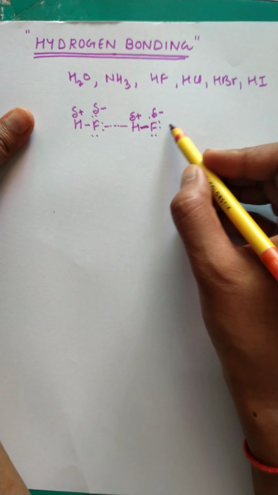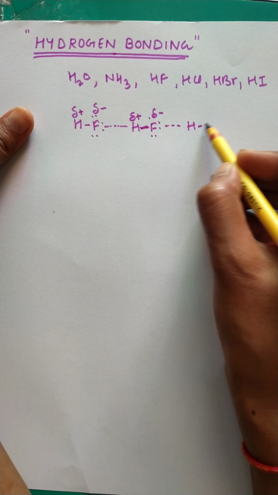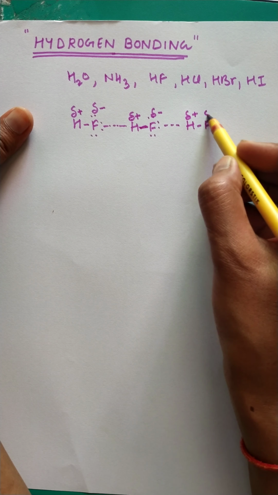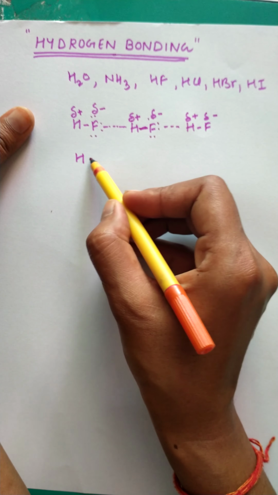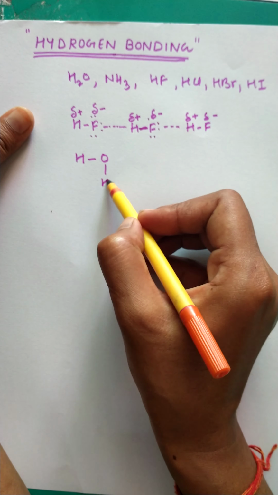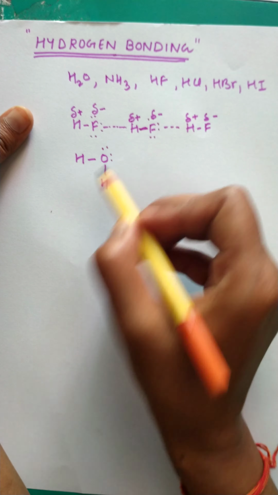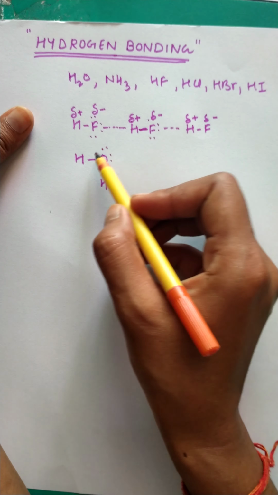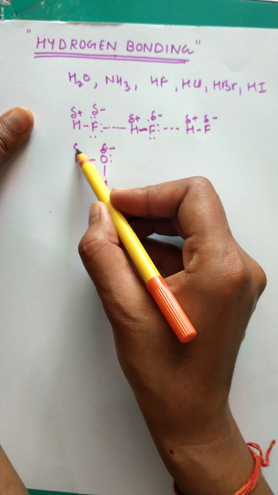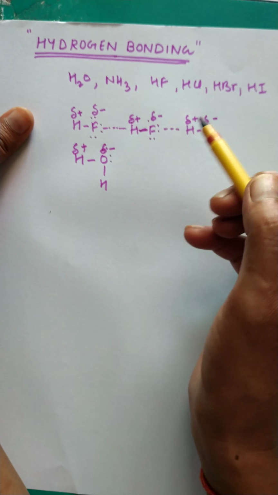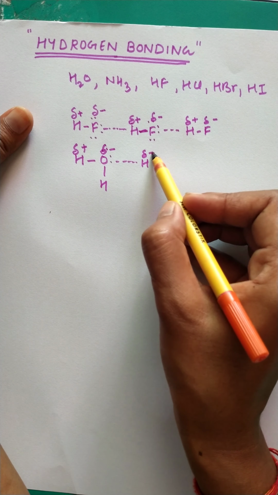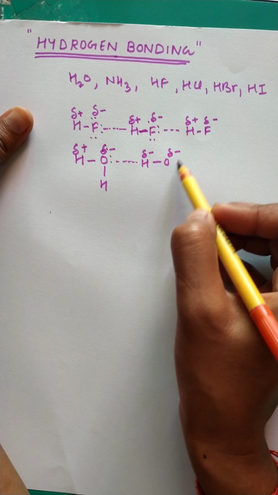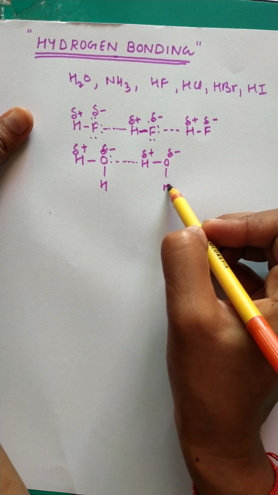Within the molecule we will see that other hydrogen bonds are also there. This is del positive, del negative. In water also the hydrogen bonding is there. This is the water molecule. The oxygen has lone pairs, so oxygen has del negative and this hydrogen has del positive. It will get attracted by the hydrogen of another water molecule like this.